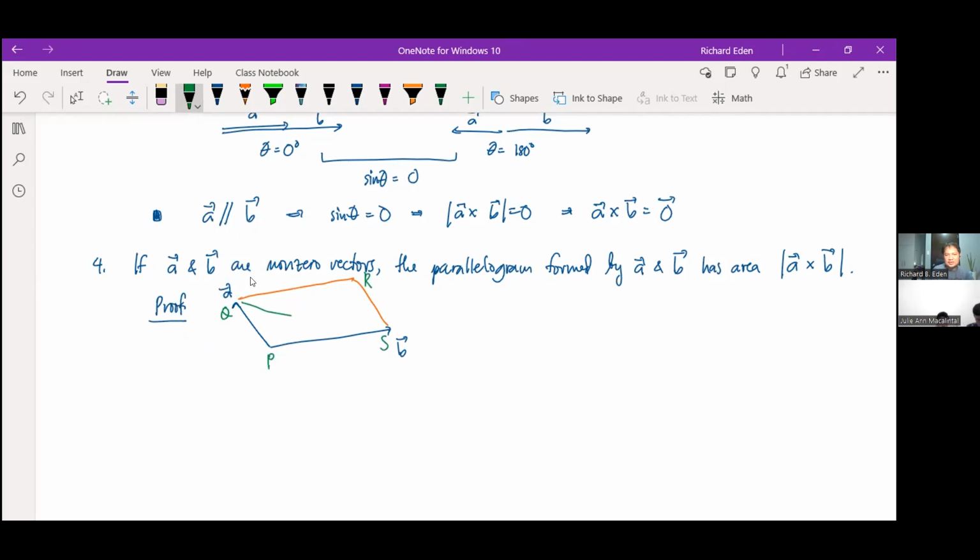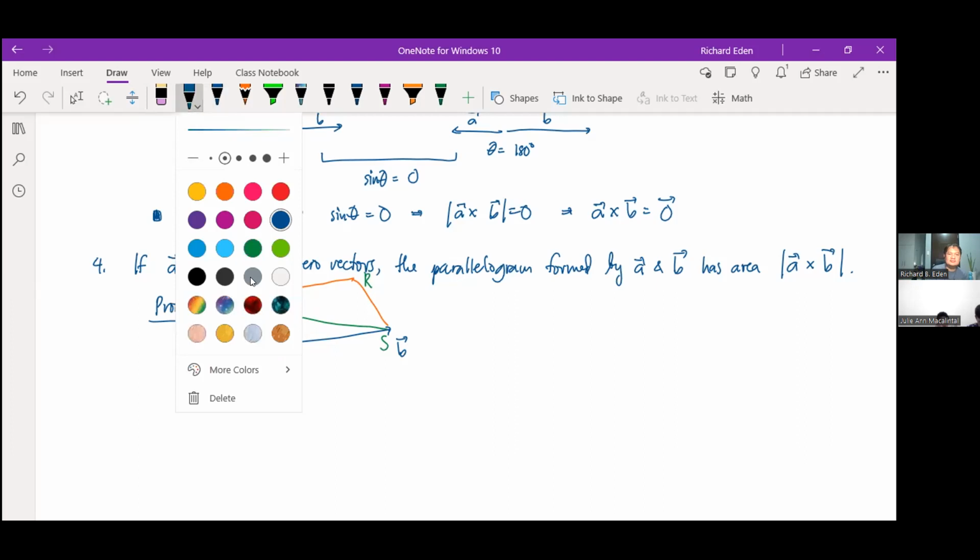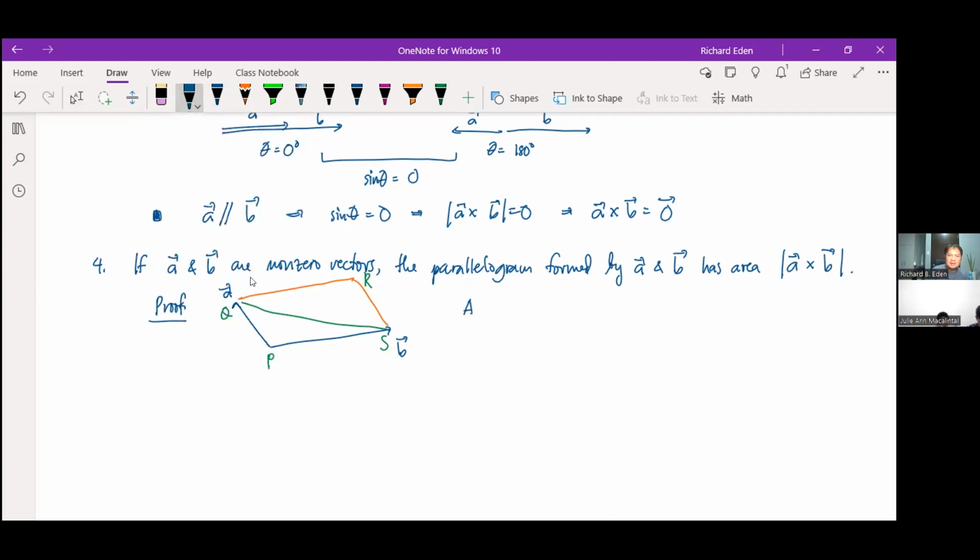Let's have a look at triangle QPS. The area of triangle QPS would be, using one of the area formulas, the length of the sides multiplied, then 1/2, and then the sine of the angle between them.